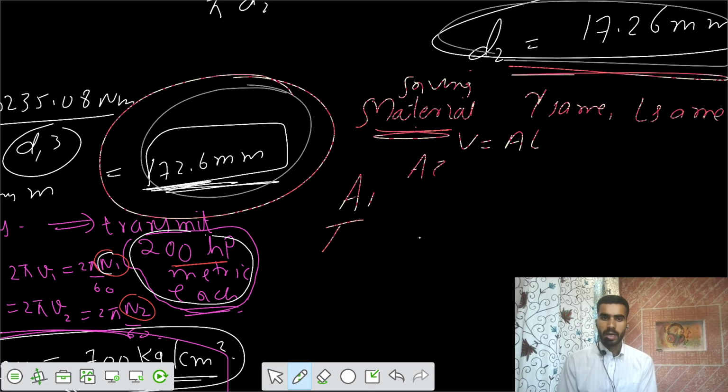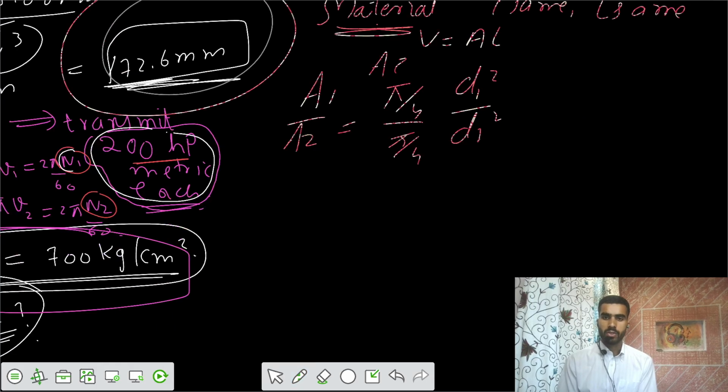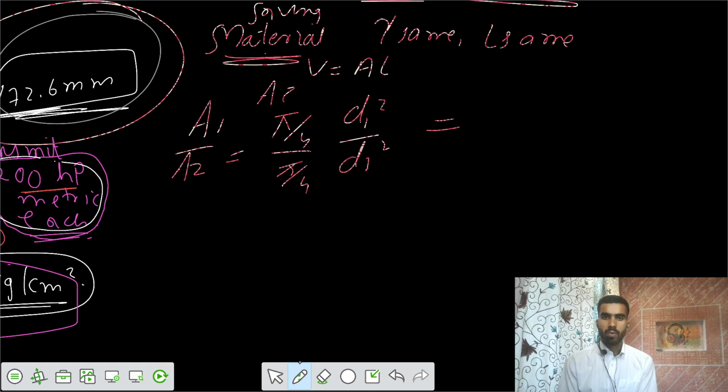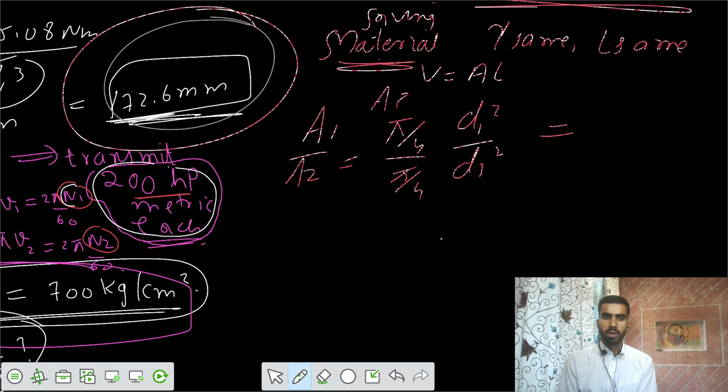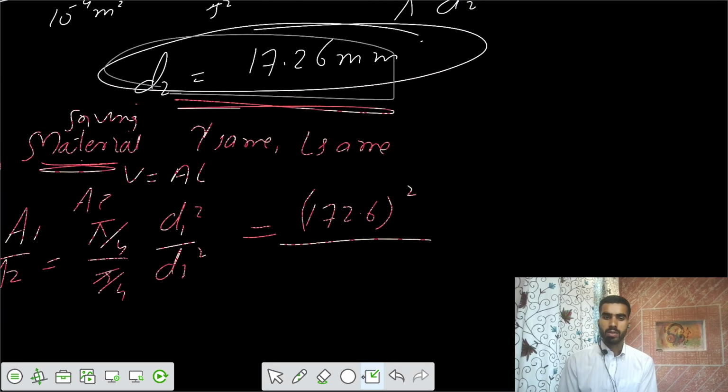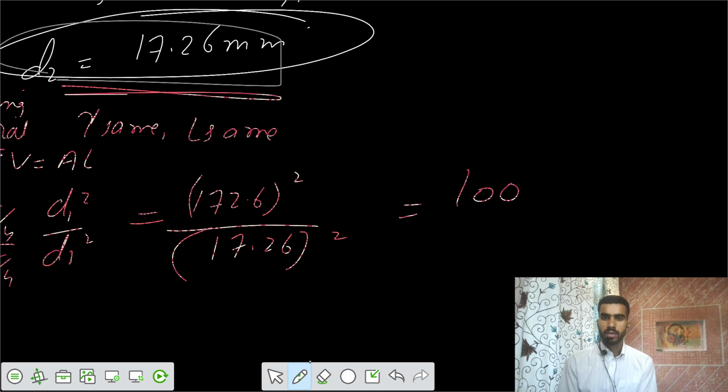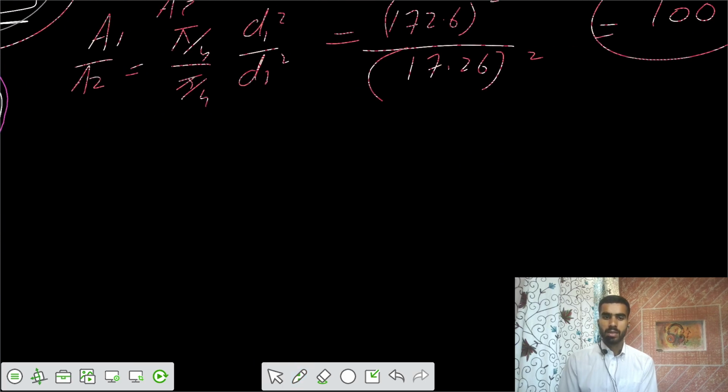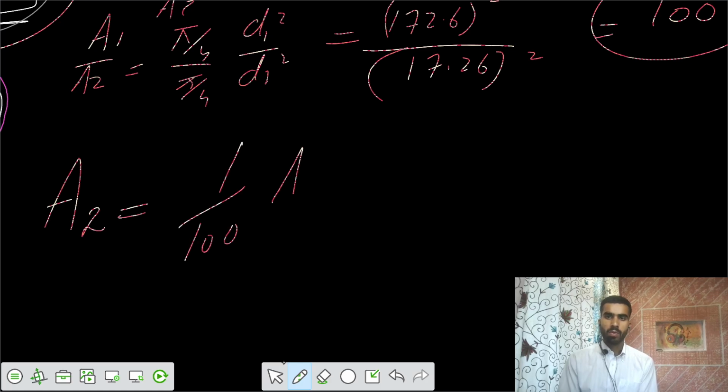If I write area 1 by area 2, that's pi by 4 d square over pi by 4 d square, so I would write d1 square by d2 square. So your area is a function of d square. I write that area 1 over area 2 equals 172.6 whole square divided by 17.26 whole square. So I got a value of 100. That means area 2 is 1 by 100th of area 1. Can I say that?